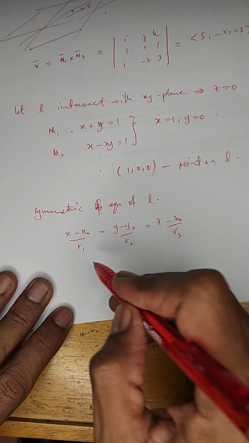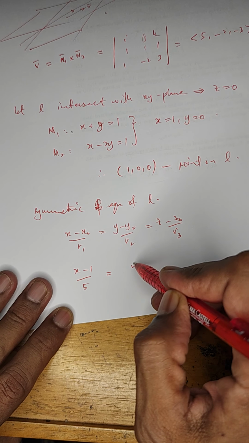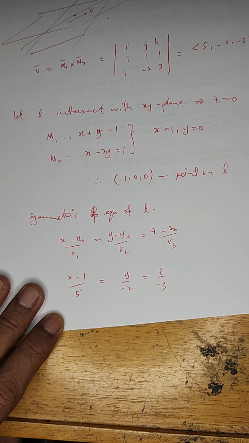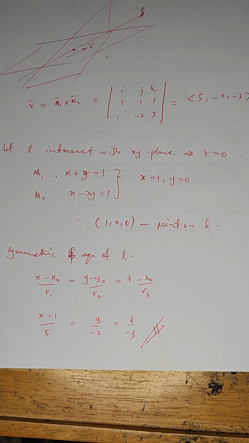That gives you (x minus 1) over 5 equals y over minus 2 equals z over minus 3. This is the symmetric equation of the line.